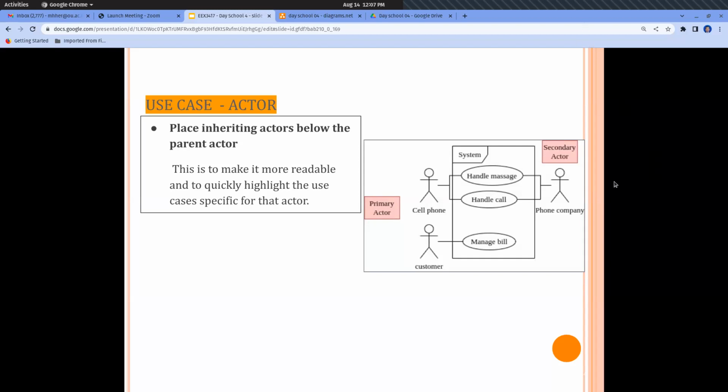Now, can you understand? Do you have any questions? Can't see the screen. From which point you can't see the screen? Hello.